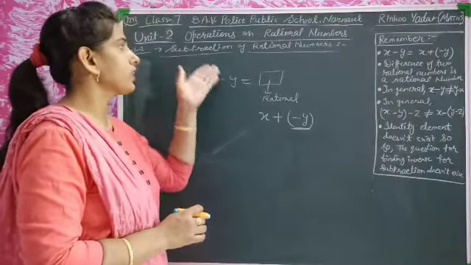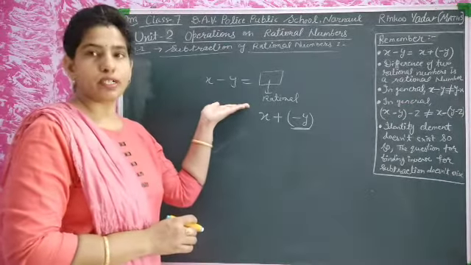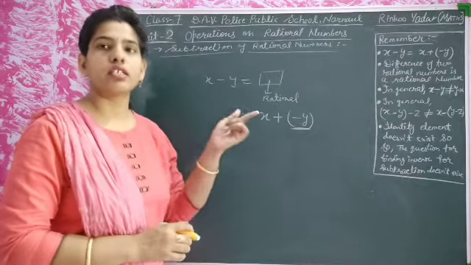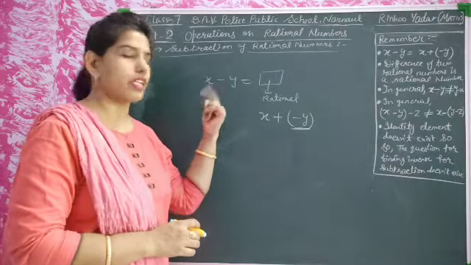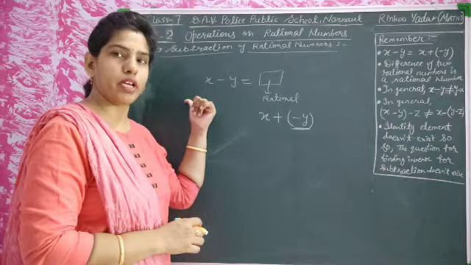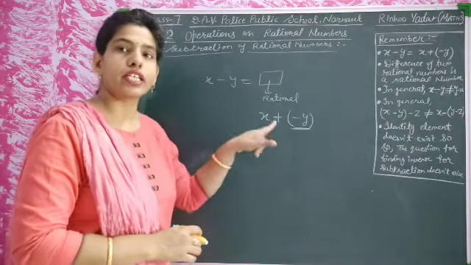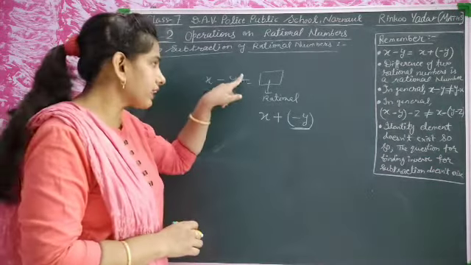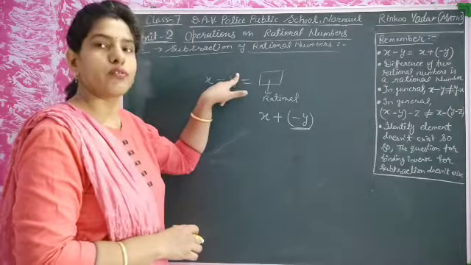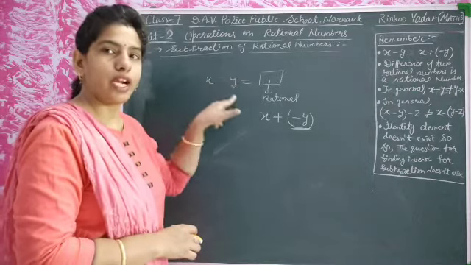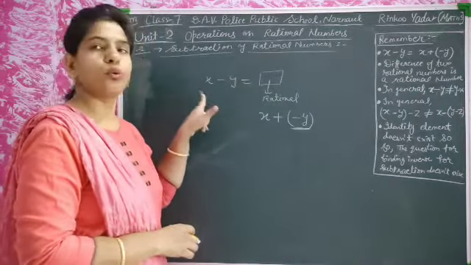This is nothing else; it is the extra property of addition. By addition, we are subtracting any number y from x, which means we are taking the addition of the additive inverse of y to x.